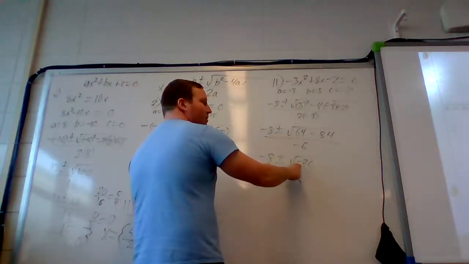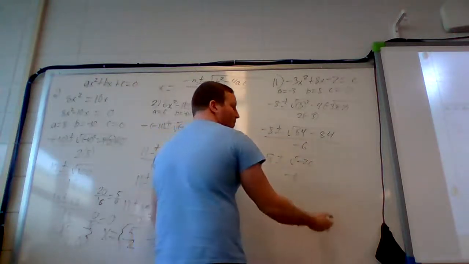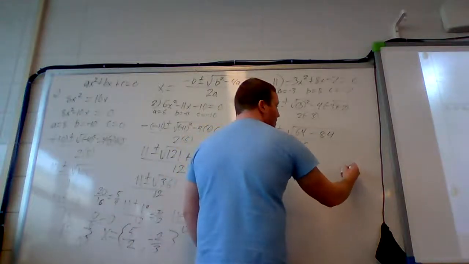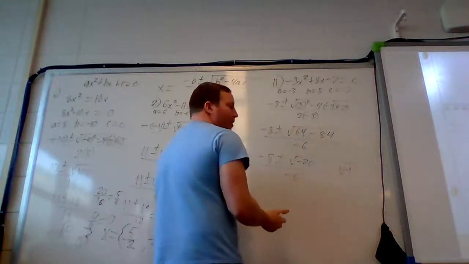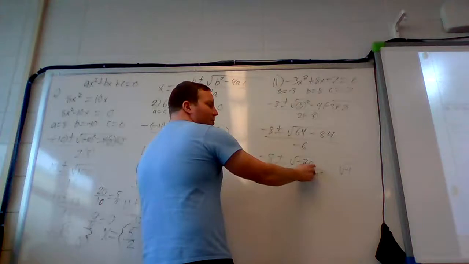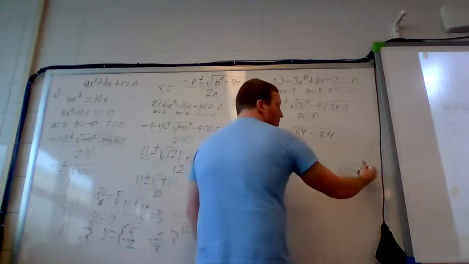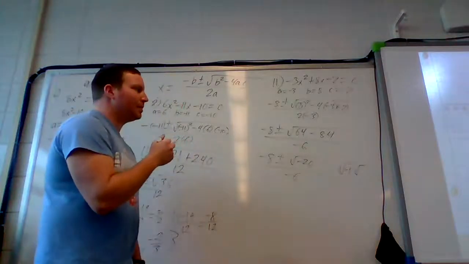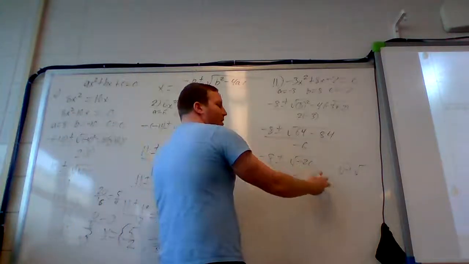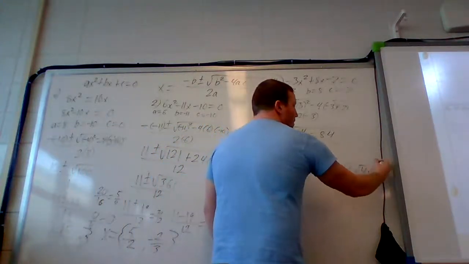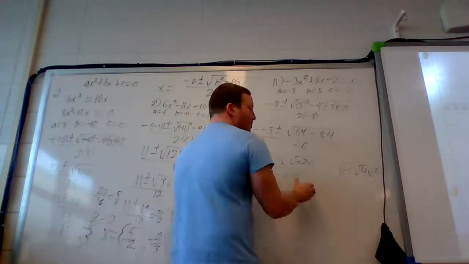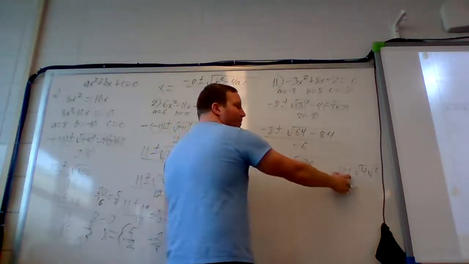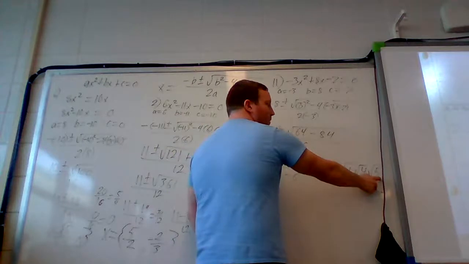Remember that with a negative under the square root, we can simplify it by pulling out that negative 1. We can also reduce this 20 as well. We want to split it into the biggest perfect square possible that is a factor of 20, which would be 4 times 5. So I'm splitting this negative 20 into a negative 1, the square root of 4, and the square root of 5.